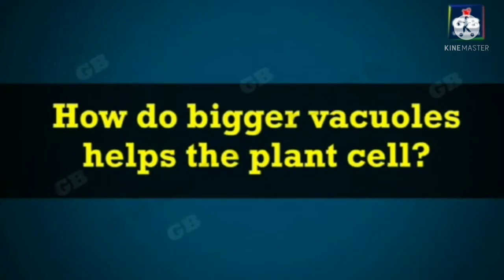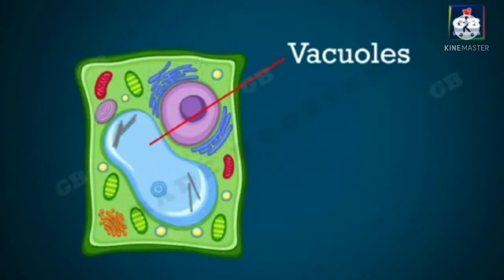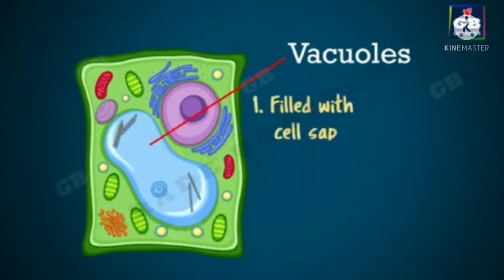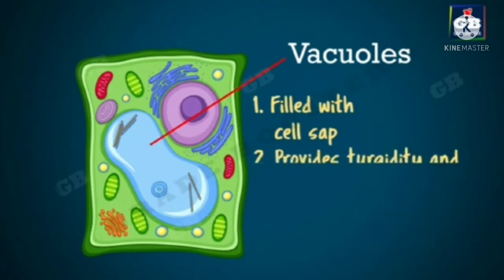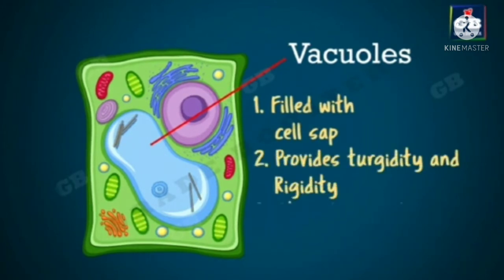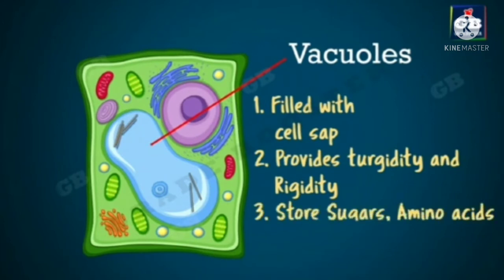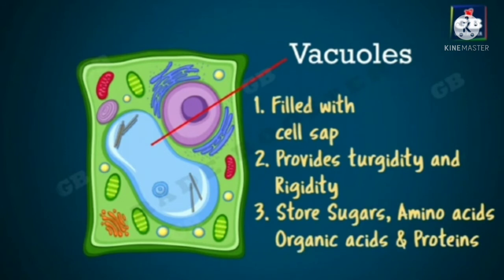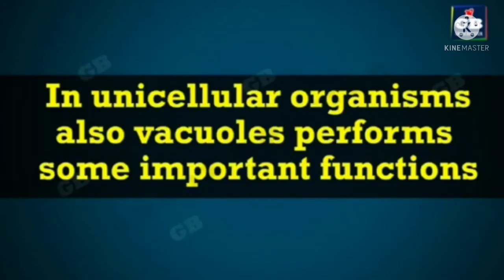How do bigger vacuoles help the plant cell? Now come to know. The vacuoles in the plant cells are filled with cell sap, which provides turgidity and rigidity to the cell. These store many important materials like sugars, amino acids, various organic acids and some proteins.